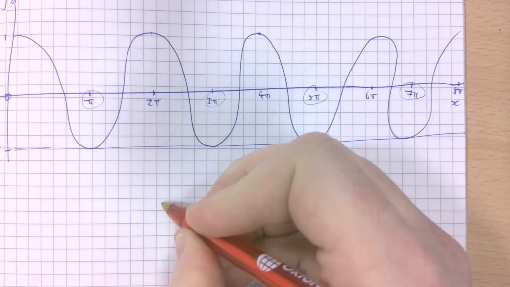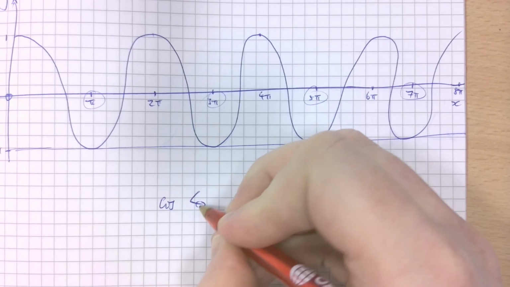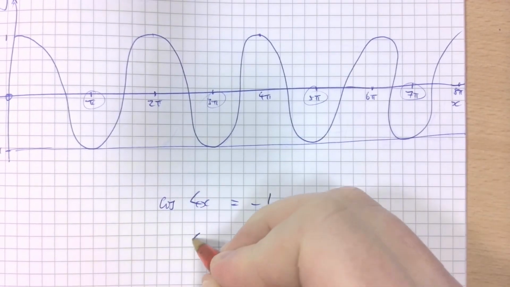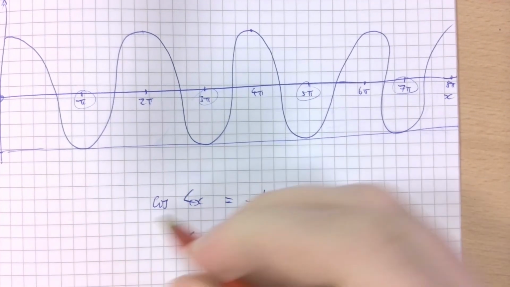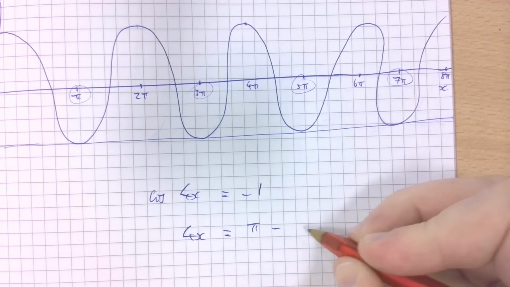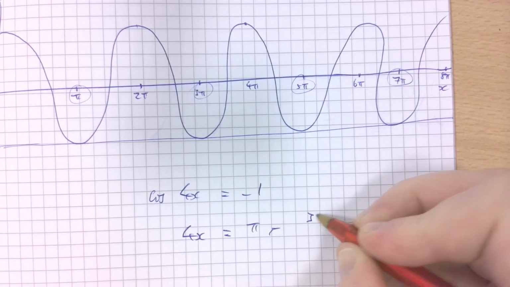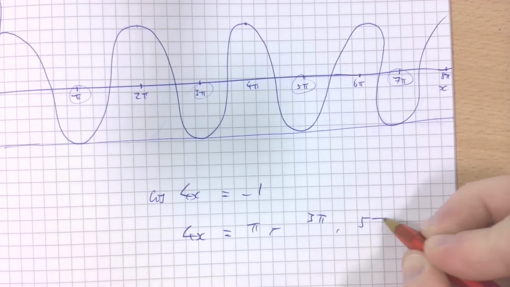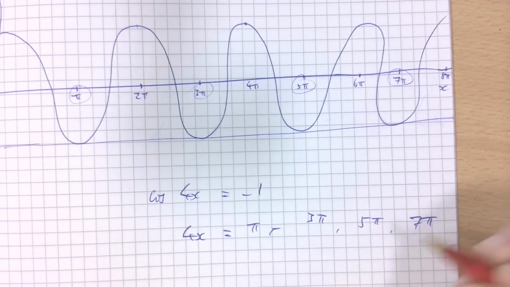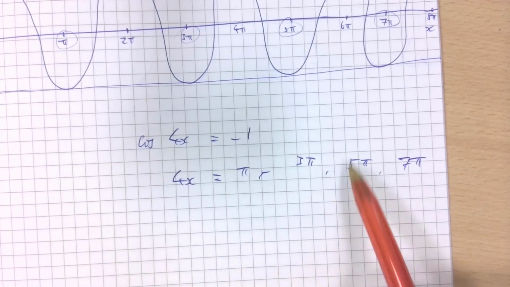For cos 4x equaling -1, 4x is going to be equal to those 4 values: pi, 3 pi, 5 pi, and 7 pi. Okay, those are the 4 solutions.